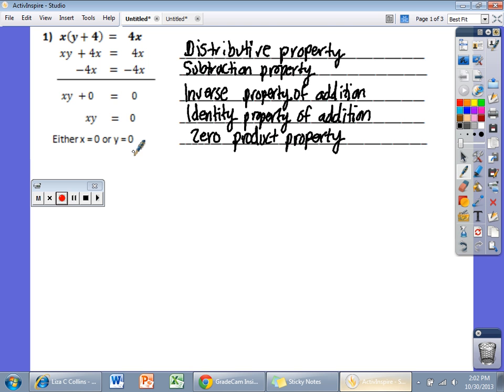And we've talked about this with factoring when we have x plus 1 times x plus 5 equals 0. What we do with that is we say, well, x plus 1 equals 0 or x plus 5 equals 0. It's the same thing here. If this times this is equal to 0, either this thing is 0 or this thing is 0.